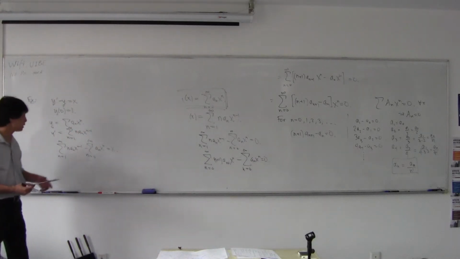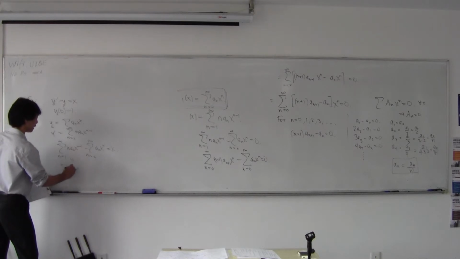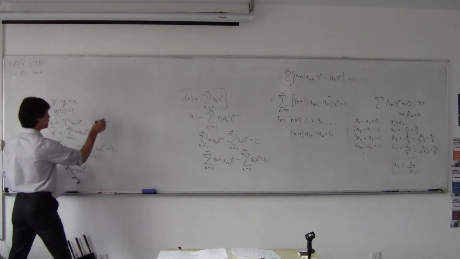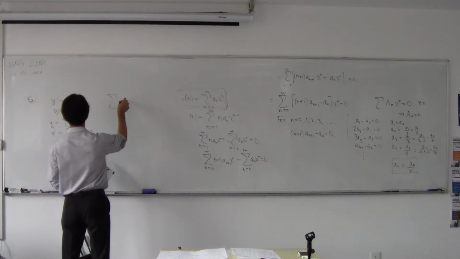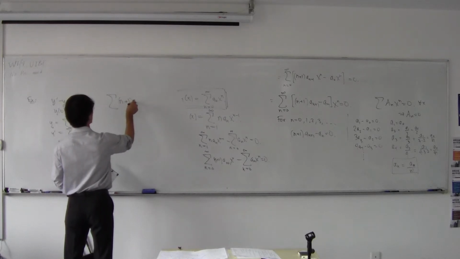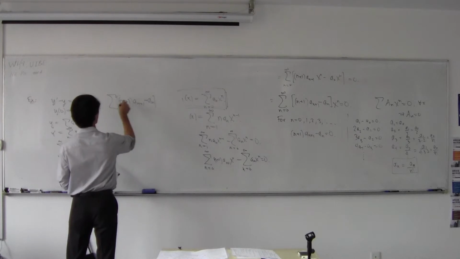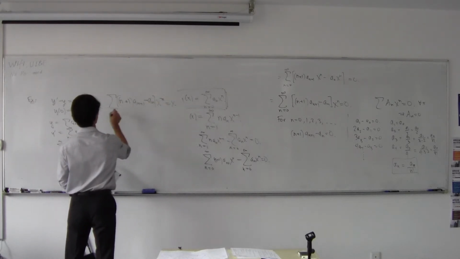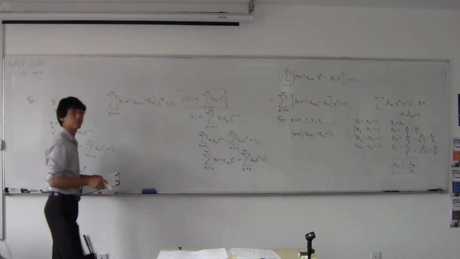It's the same thing we did last time. You shift the indices. So this becomes n from 0. And again, you have to shift everything up, right? And what you get is the summation of (n plus 1) a sub n plus 1 minus a sub n, times x to the n, equals x, as n goes from 0 to infinity.